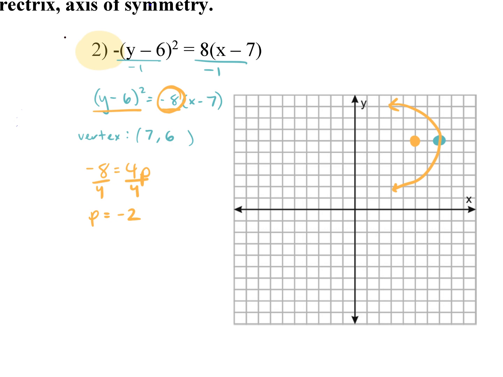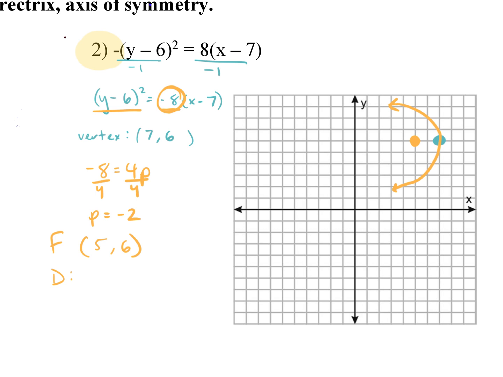Like if your parabola was a bowl and your focus was an apple in that bowl. So our point for our focus is going to be, we went to the right 5 and up 6. So (5, 6).